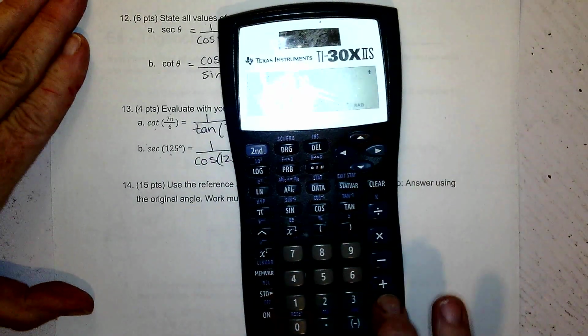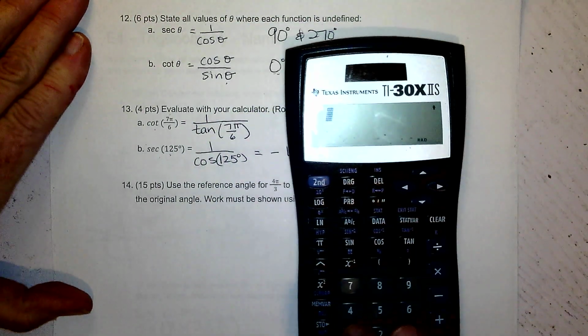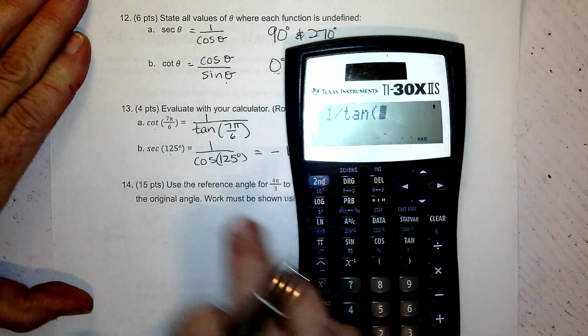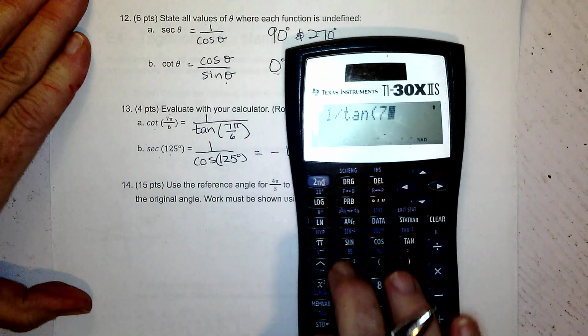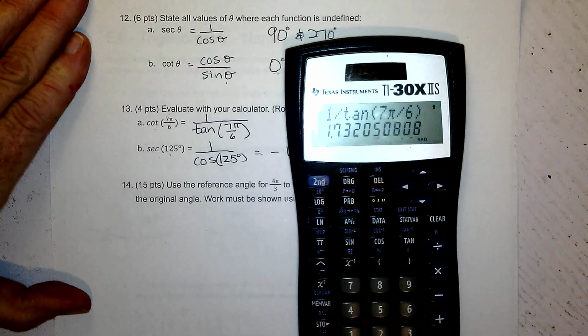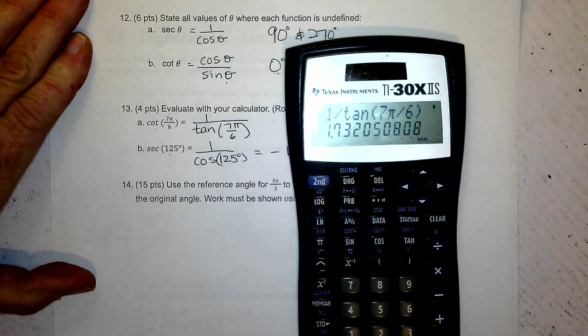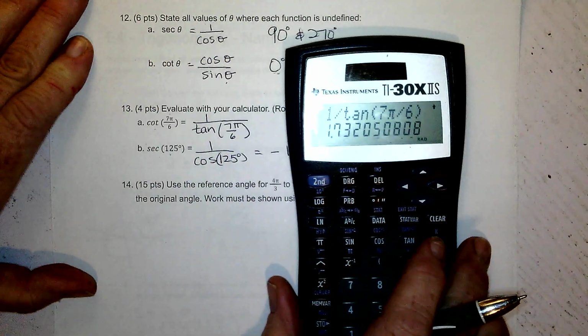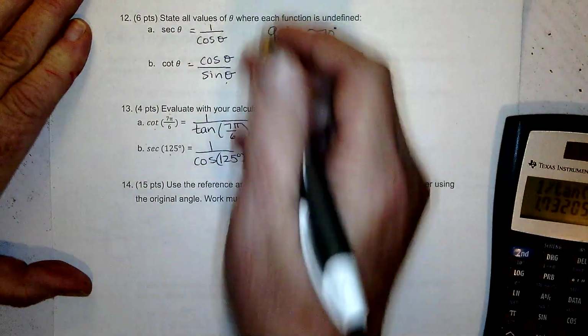So I'm going to go to radians and hit enter. Now I'm going to put 1 divided by tangent, and then inside the parenthesis is going to be 7 pi over 6. And I got 1.732, and then you needed to round to 1 because it's 4 decimal places. So 1.7321.